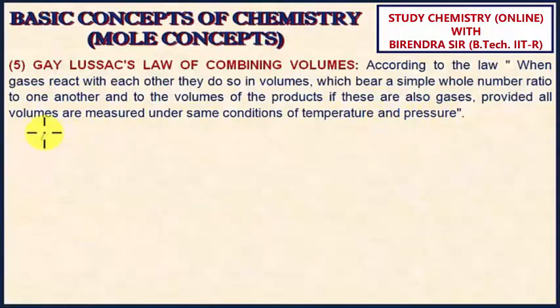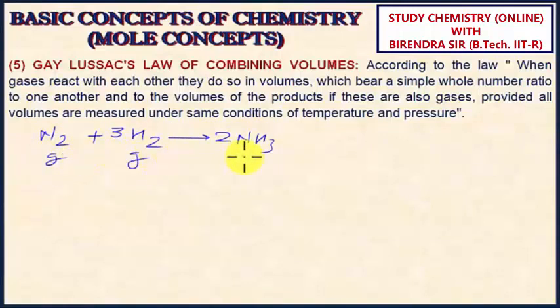For example, if I write N2 plus 3H2, we get 2NH3. In mole concept, we have said that 1 mole of N2 reacts with 3 moles of H2 to give 2 moles of NH3.